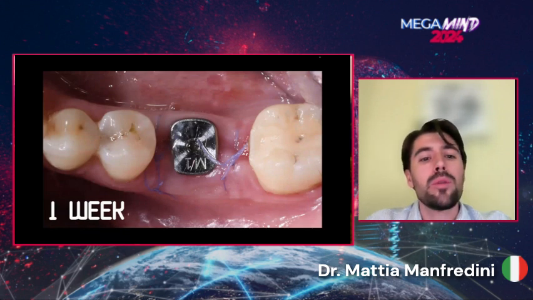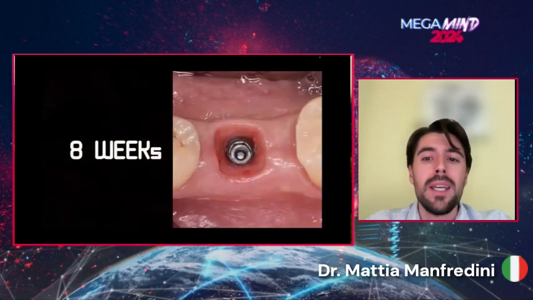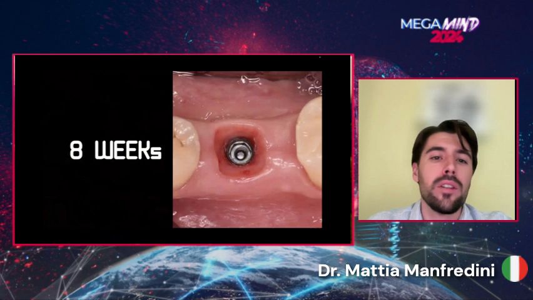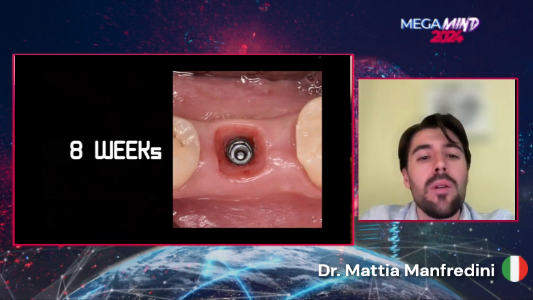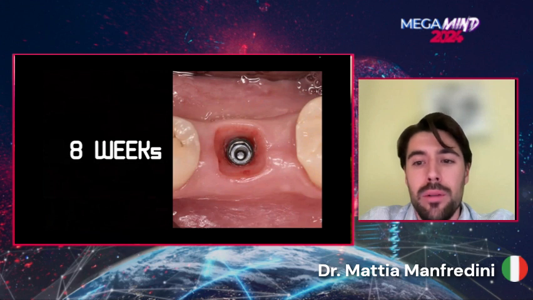After 1 week from surgery, the stitches are removed, and you can check the tissue healing in the distal part with the hyaluronic acid boost, close to the molar. And after 2 months, we have already conditioned the tissue, and we are ready for the definitive restoration.